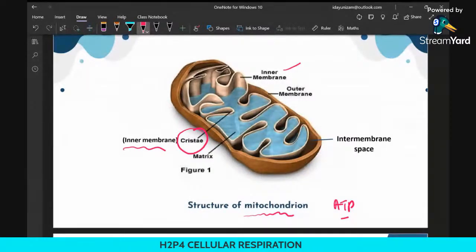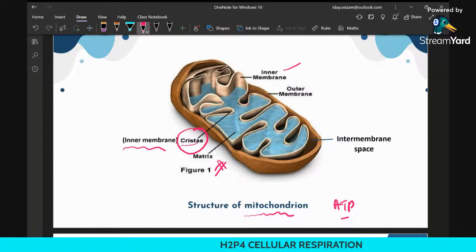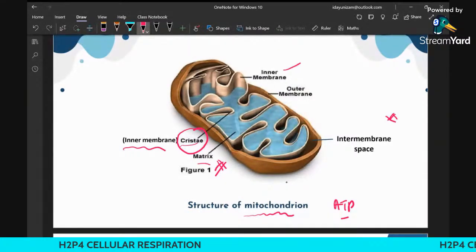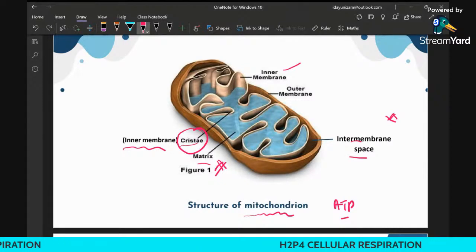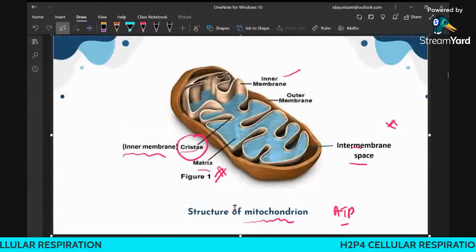The inner membrane is folded, and we call that folded inner membrane the cristae. You also need to know the matrix and the intermembrane space. All this labeling is very important, because this is the site where cellular respiration happens, especially when oxygen is involved. You can refer to our notes.